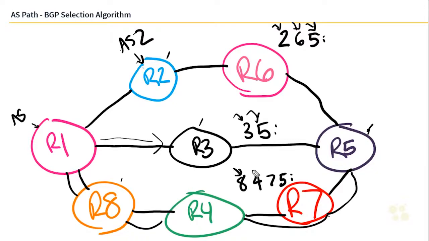And down here, it would have to go through 8, 4, 7, and 5. So as long as we're not setting something like weight or local preference, or maybe using an AIGP somewhere, this rule, rule number 5, the AS path, is what's going to fire off and make a selection that the next hop address of R3 is going to be what's installed in the routing table.